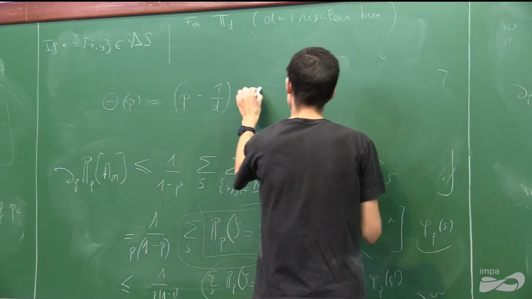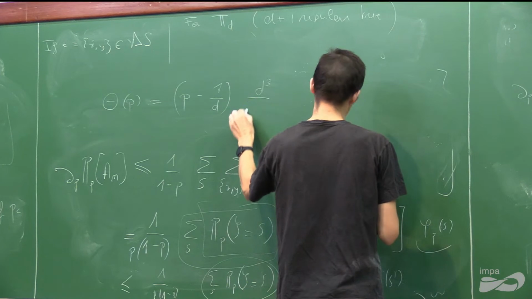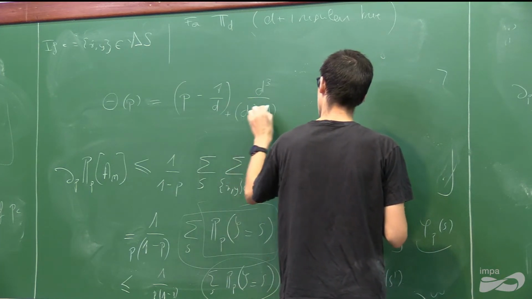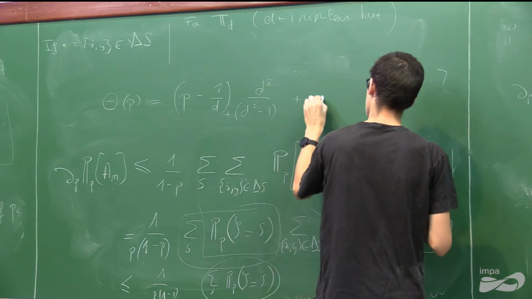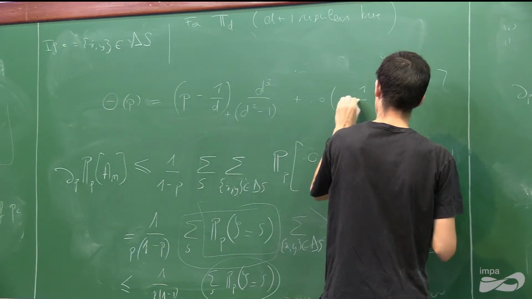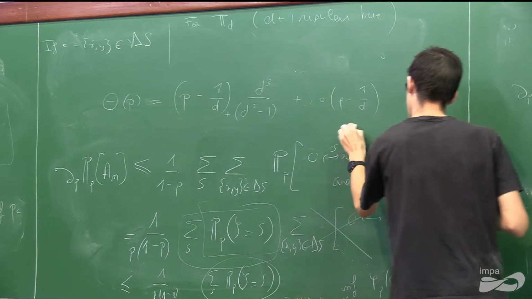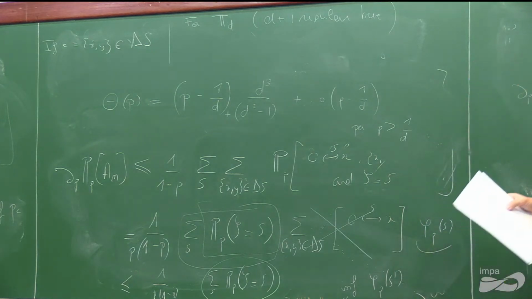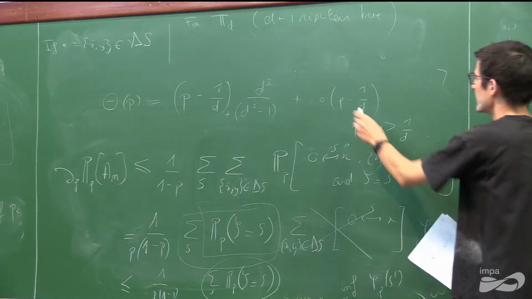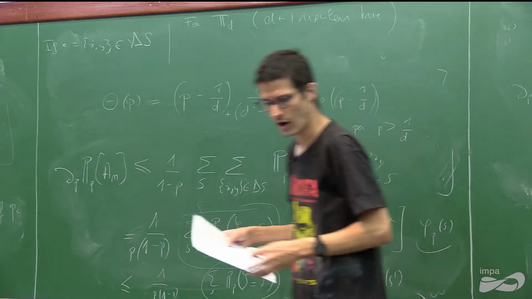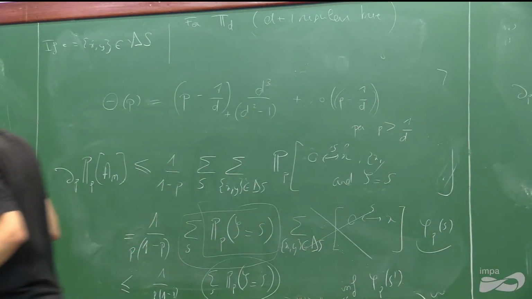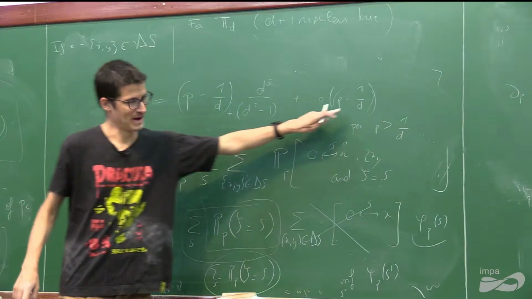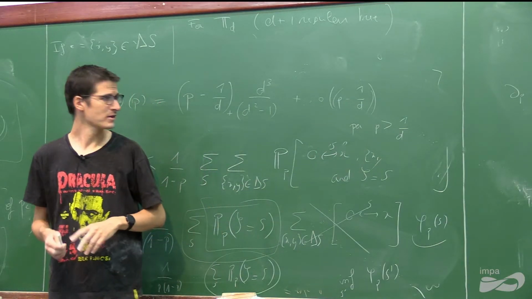I think it's d3 over d squared minus 1, plus little o of p minus 1 over d. So basically, on a tree, theta p really behaves like p minus pc in the neighborhood of the critical point.